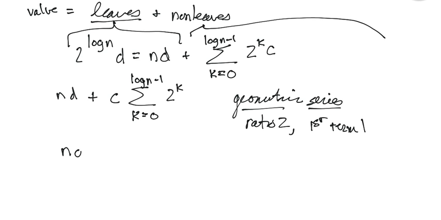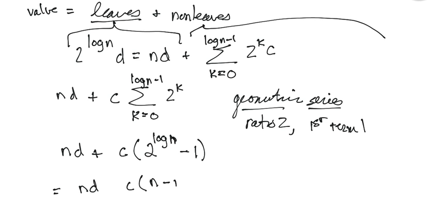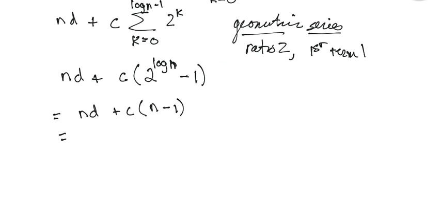So we'll use that, and we end up with nd plus c times 2 to the log of n minus 1, which simplifies to c times n minus 1. And so our final expression, if we collect terms, is n times c plus d minus c. And that's the solution.